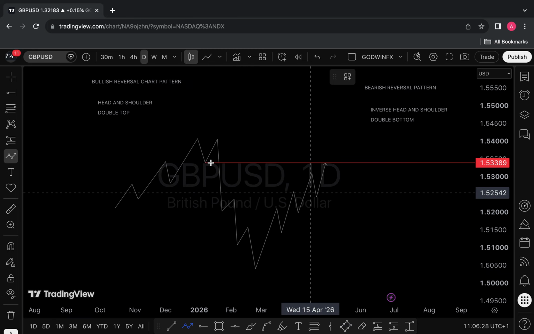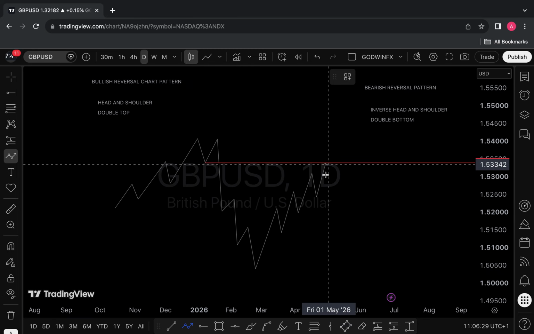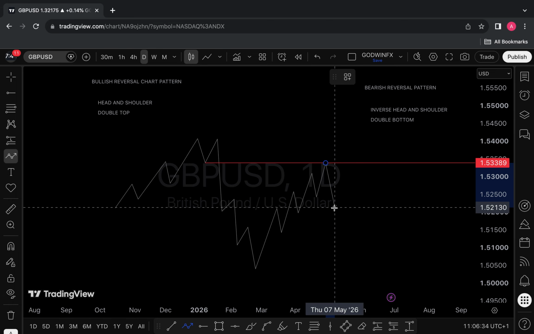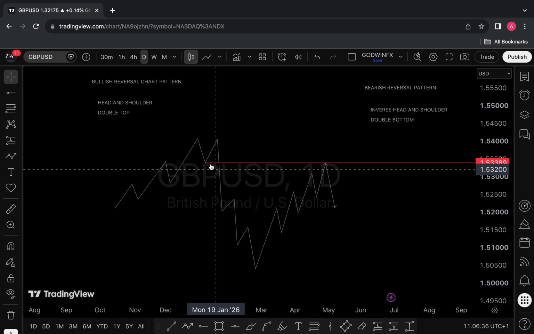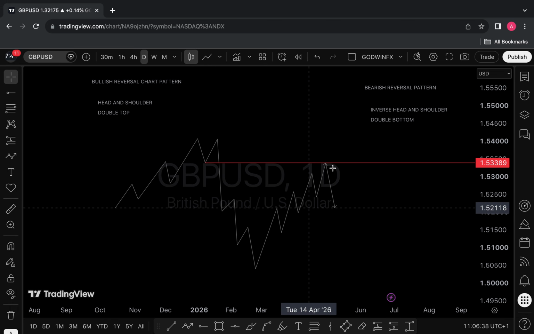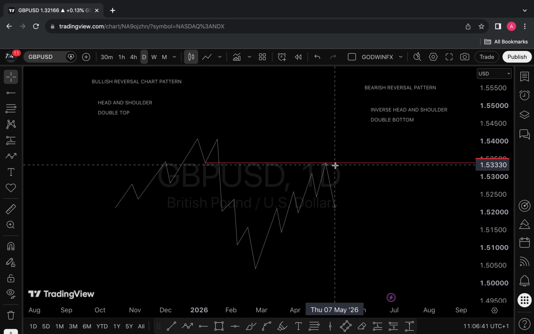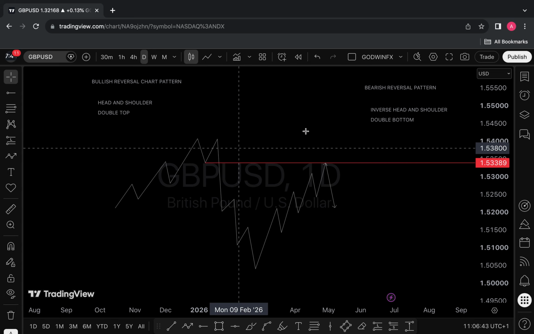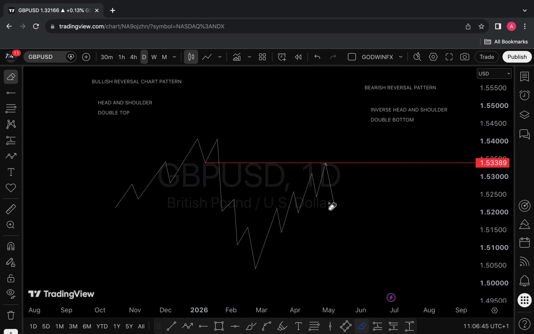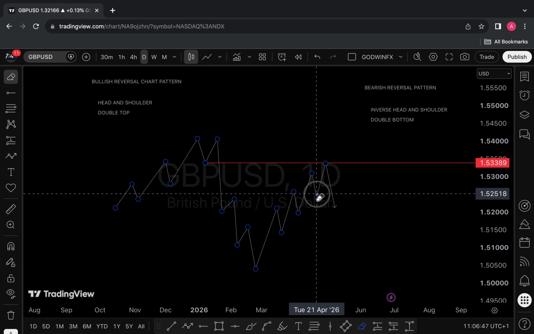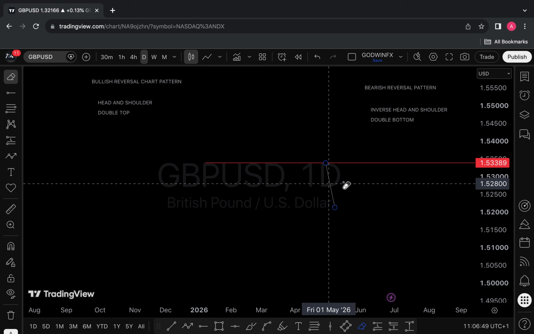You understand? It could reverse an uptrend. In that case, you will stop looking for buy and you will only look for what? For sell. Market is reacting from a bullish reversal pattern, and that is all about double top. You can see how simple it is.